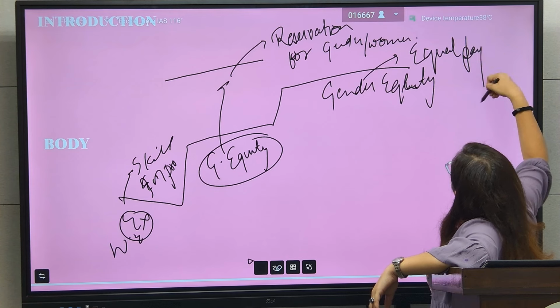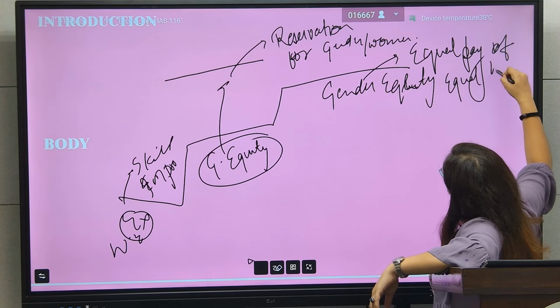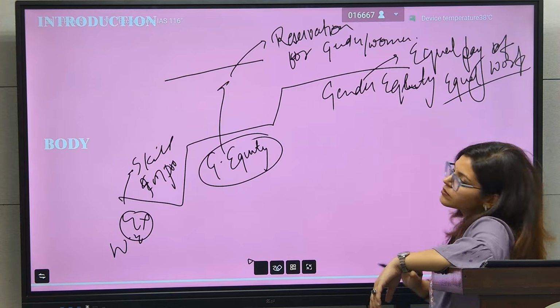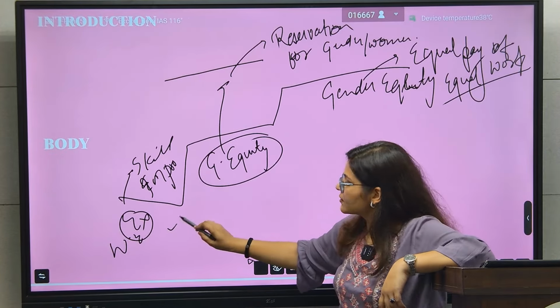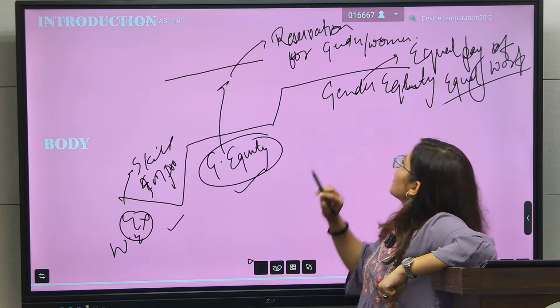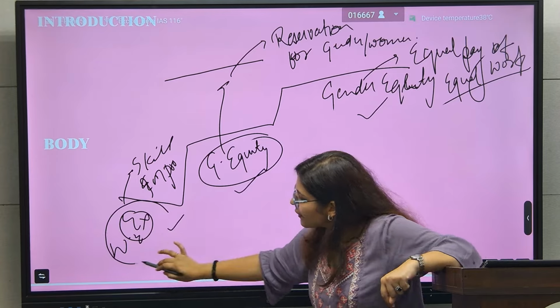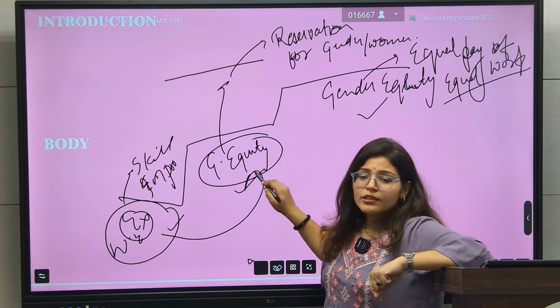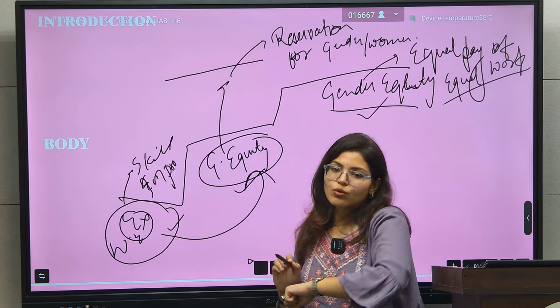So now it is clear what is women empowerment, what is gender equity, and what is gender equality. Women empowerment is a means, gender equity is a process, and gender equality is a goal.